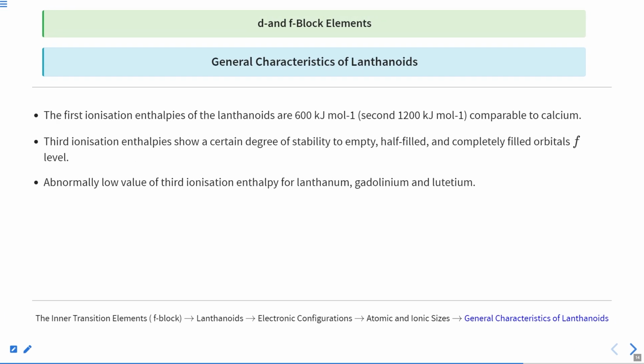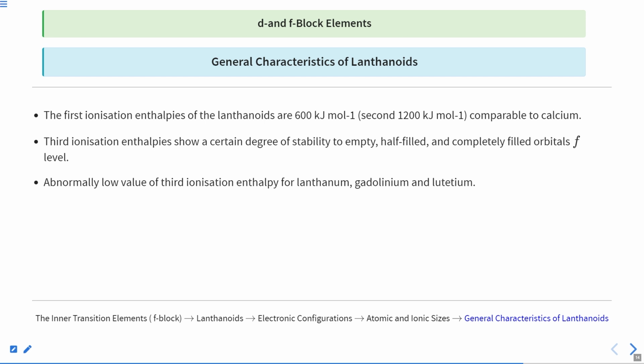Now, talking about the ionization enthalpy, the first ionization enthalpy of lanthanoids is about 600 kilojoule per mole, and the second ionization enthalpy is about 1200 kilojoule per mole. If you talk about the third ionization enthalpy, they show a certain degree of stability for empty, half-filled, and completely filled orbitals. Abnormally low values of third ionization enthalpy are for lanthanum, gadolinium, and lutetium.